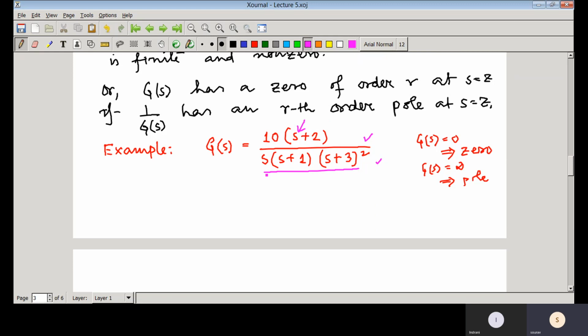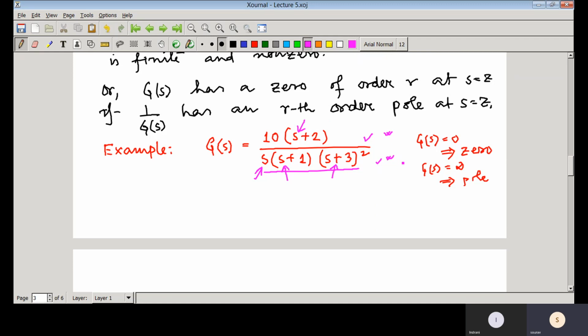And what are the pole locations? So one pole is at 0, that is a finite pole. Another pole is at minus 1, and another 2 poles are at minus 3, minus 3. So minus 3 is a pole of order 2. And from here you can see that in this type of rational function, the number of poles is equal to the number of zeros.